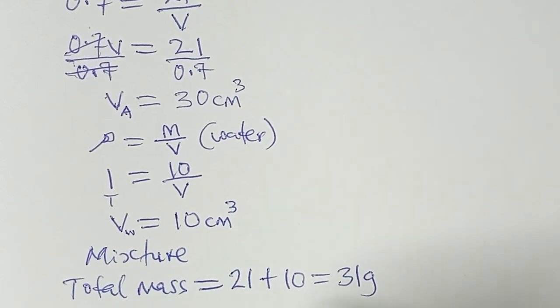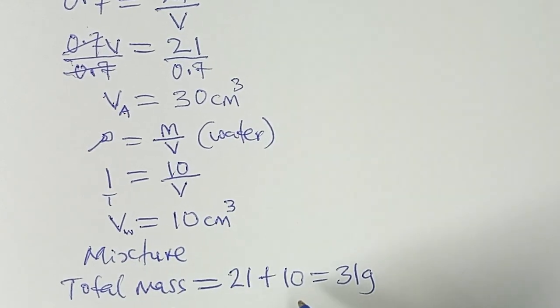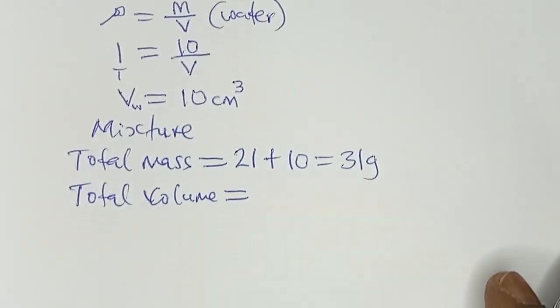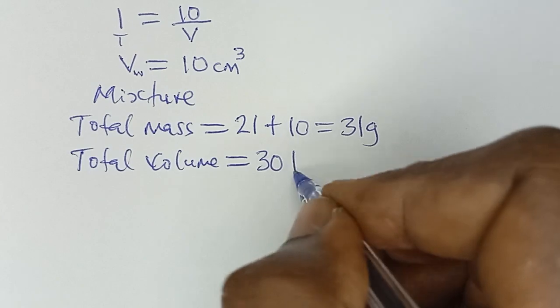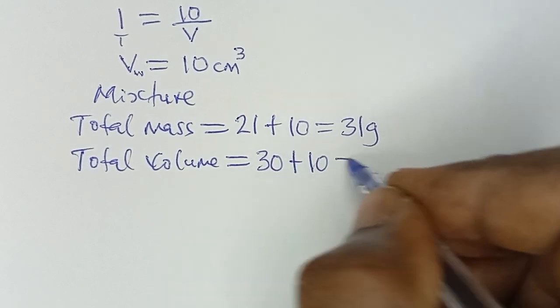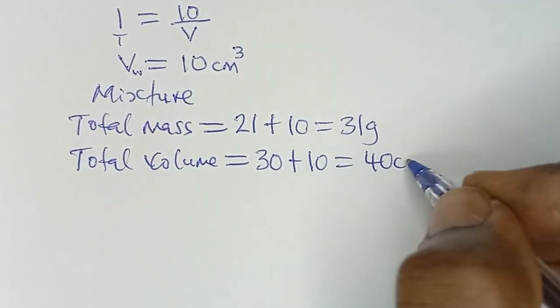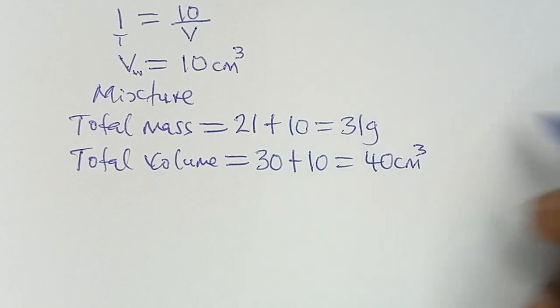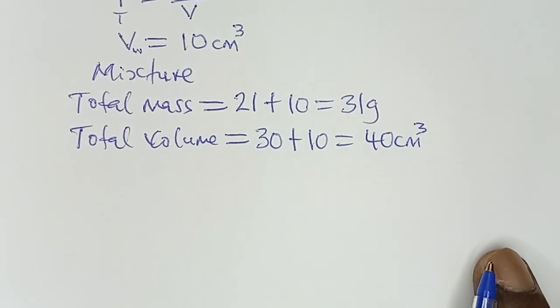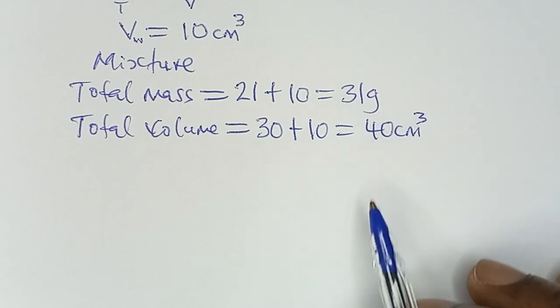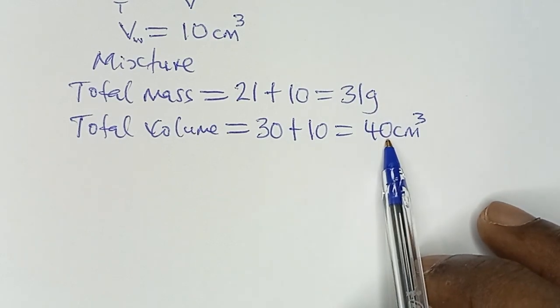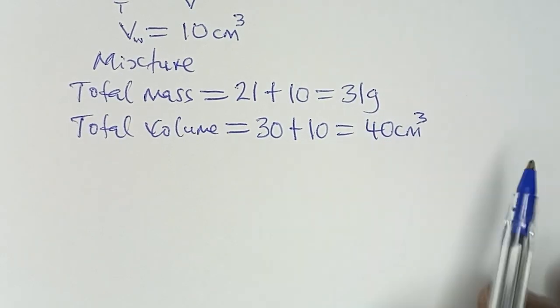So the total volume will be 30 for the alcohol plus 10 for water, and that will give us 40 centimeter cube. So for the mixture, we know the full mass of the mixture as 31 gram and the complete volume of the mixture as 40 centimeter cube.